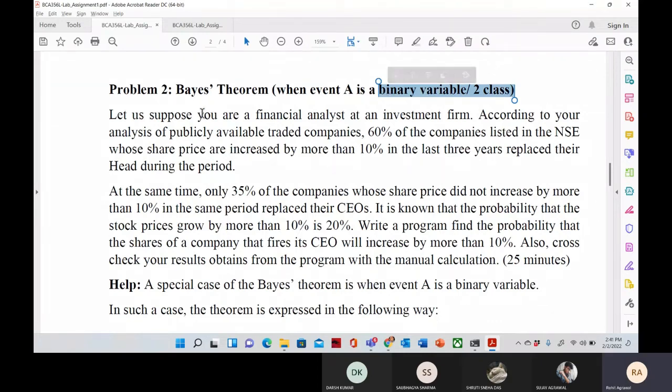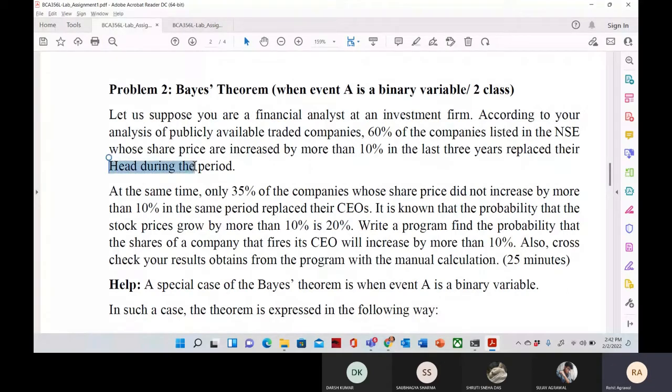Let us suppose you are a financial analyst at an investment firm. According to your analysis of publicly traded companies, 60% of the companies listed in the NSE whose share price increased by more than 10% in the last 3 years replaced their CEO or whatever their head.